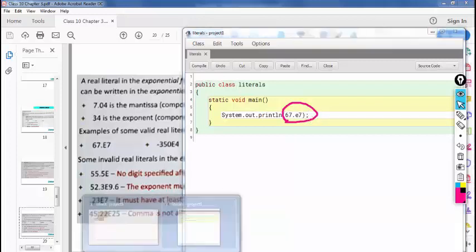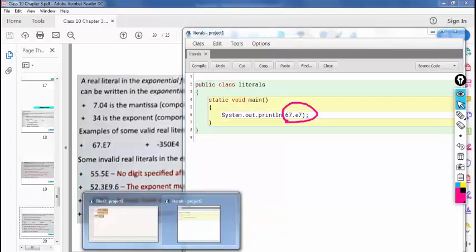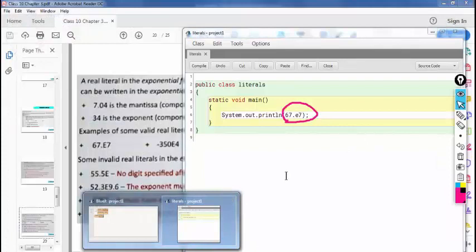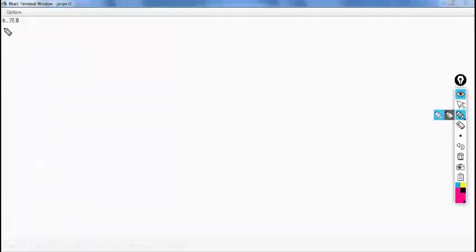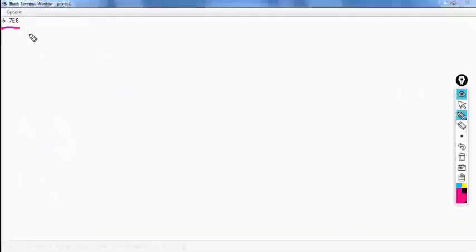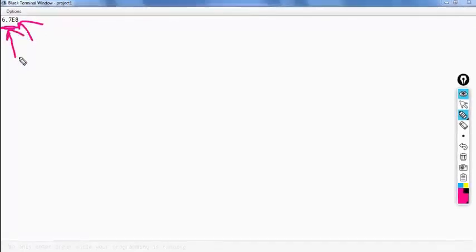It will be 6.7E8. So 8 is the exponent and 6.7 is the mantissa.